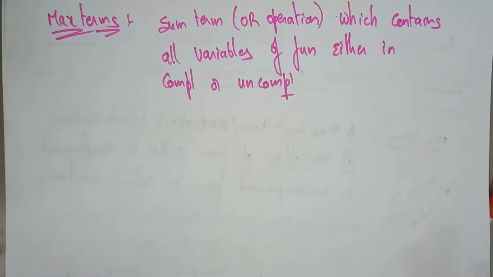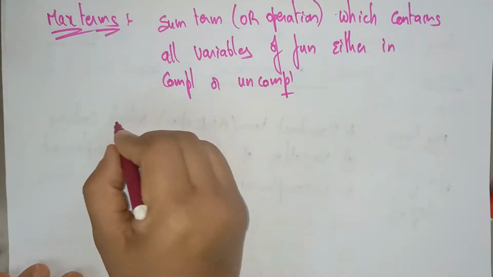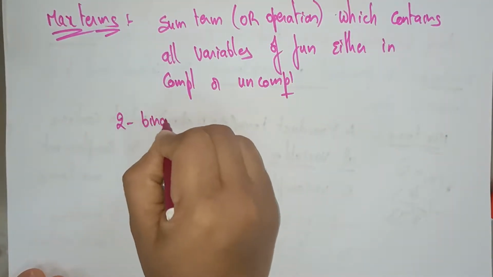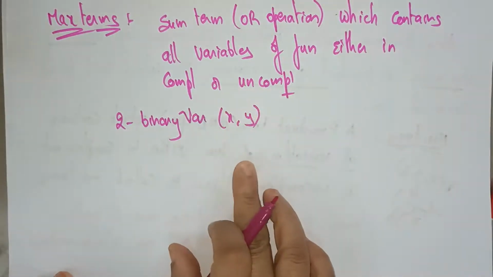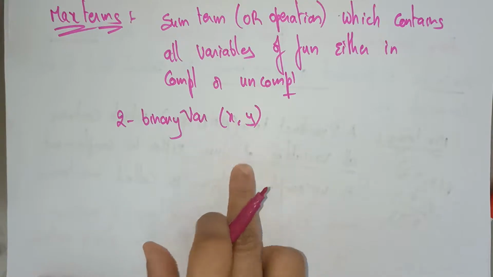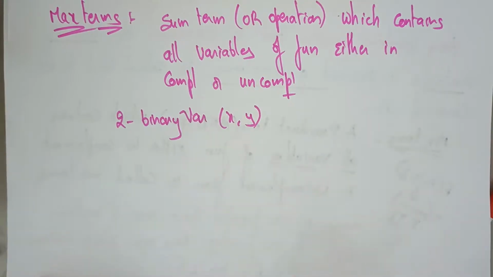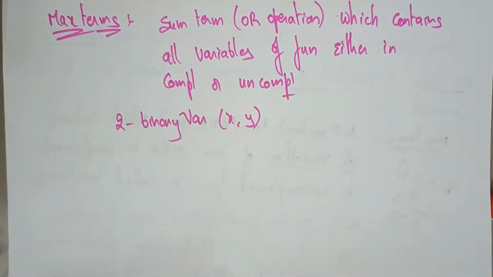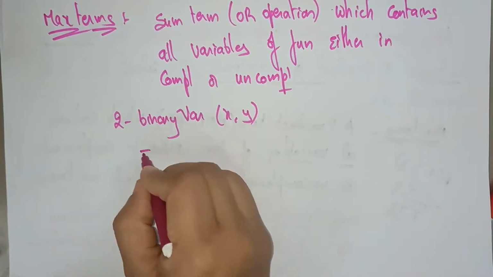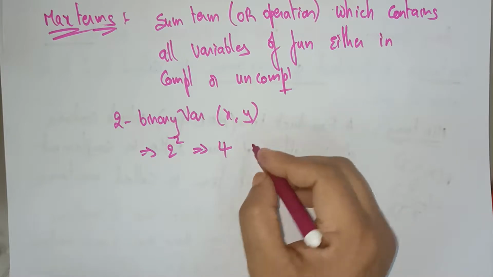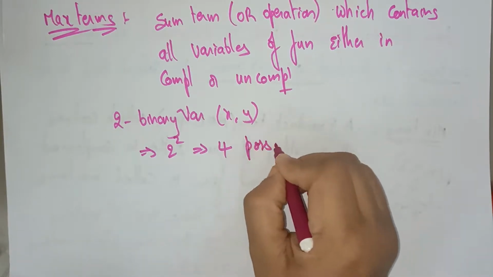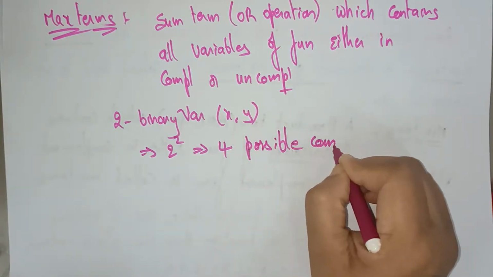Suppose let me take two binary variables x and y, combined with an OR operation. So how many possible combinations are you getting? Two binary variables means 2 power 2, that means 4 combinations. 4 possible combinations.